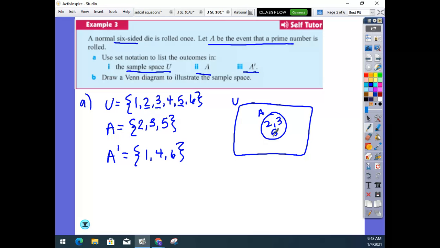And then what is not in A, but in the universe? So there's only one event that we're talking about. That's why we just need one circle. Everything that's in A goes in the circle. Anything not in A, but in the universe, is in the box. So that's one way that we can organize our information, with a Venn diagram.